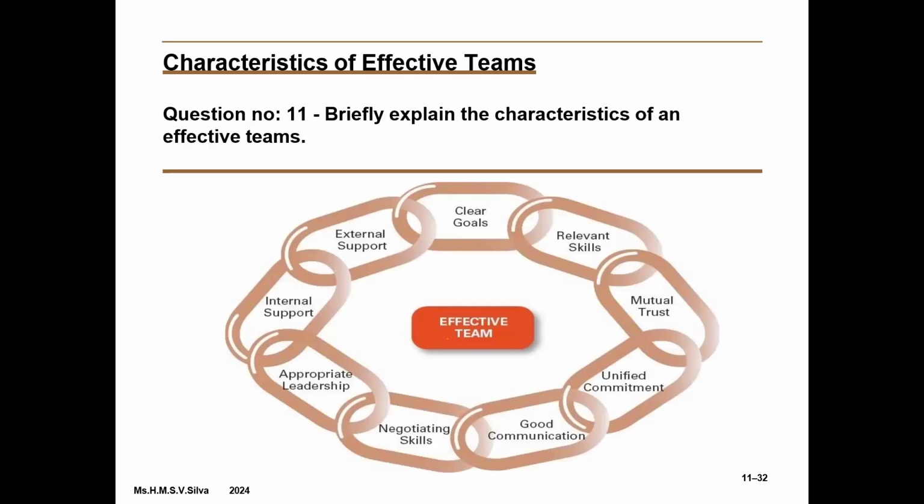So now the next question is, what are the characteristics of an effective team? I have listed only a few. Clear goal, relevant skill. Let's think about a basketball team or a football team. They should have a clear goal, to win the game, and relevant skills, like communication skills and interpersonal skills. Mutual trust should be there. When we pass the football to someone else, there is mutual trust.